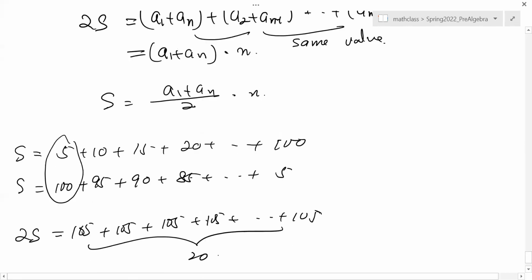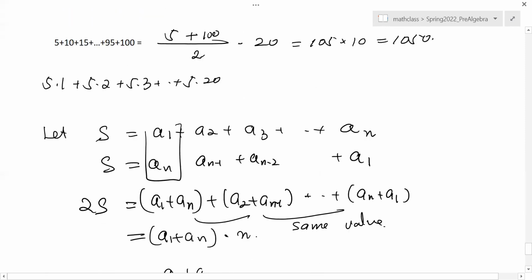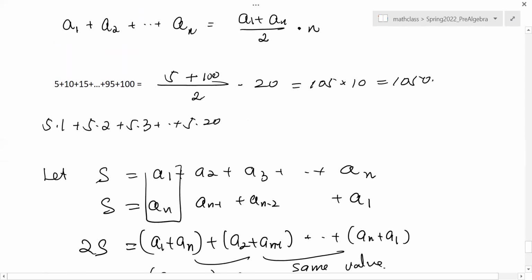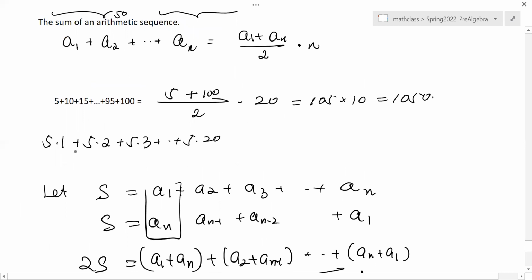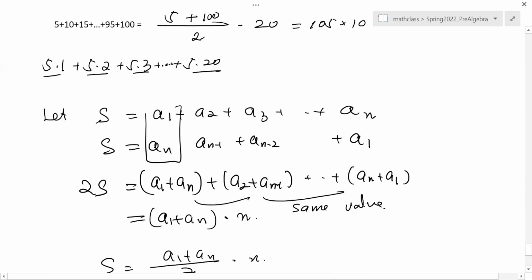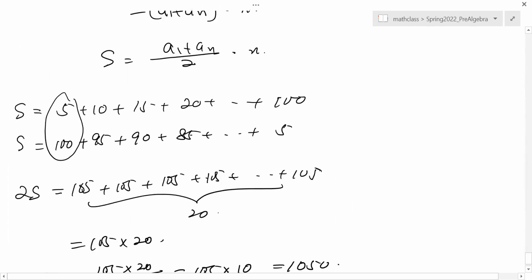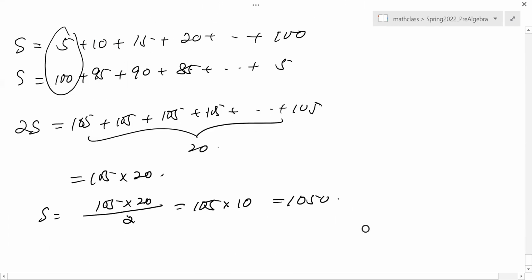Like what I did: because all of them are multiples of 5, I expressed them in the following way: 5 times 1, 5 times 2, 5 times 3, 5 times 20. So clearly, all the numbers are labeled by 1, 2, 3, 4, all the way to 20. So there are 20 terms in the sequence. So that's clear for 20, right? So yeah, and then you solve this problem.